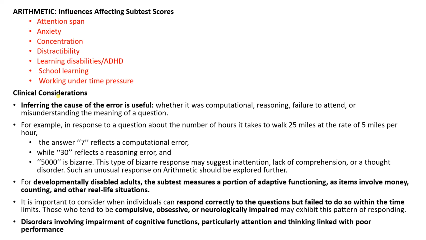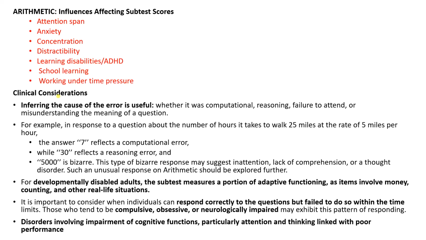So if one individual is walking 5 miles in 1 hour, he or she will take 5 hours to walk 25 miles. If one is saying 7, then it is likely that he has made some computational error because it is close to the answer.